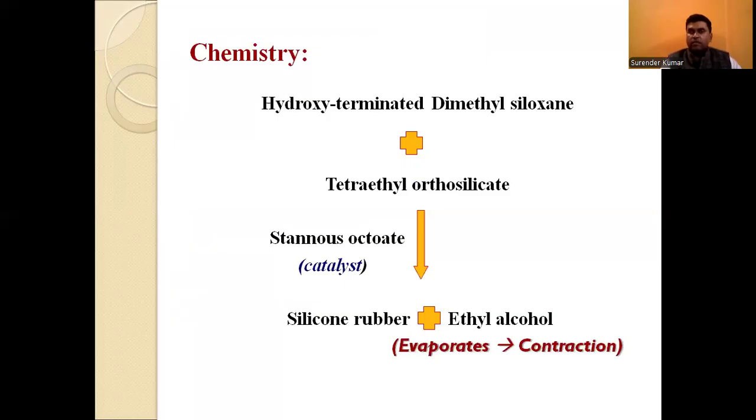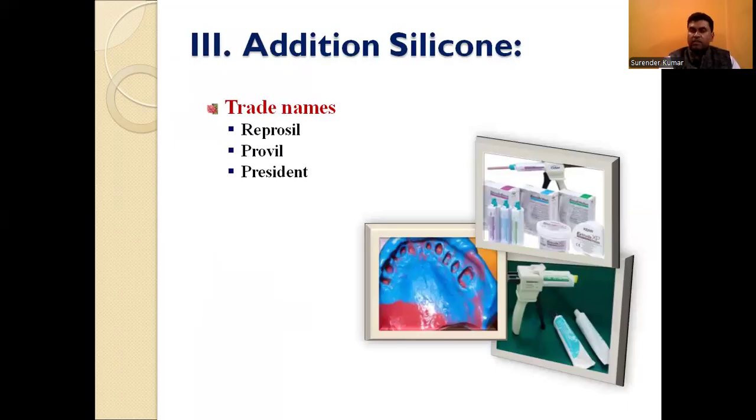In the chemistry, when hydroxy-terminated dimethyl siloxane and tetraethyl orthosilicate react in the presence of stannous octoate as the catalyst, silicone rubber is formed with the liberation of ethyl alcohol, which evaporates and leads to contraction. So it is not dimensionally stable.